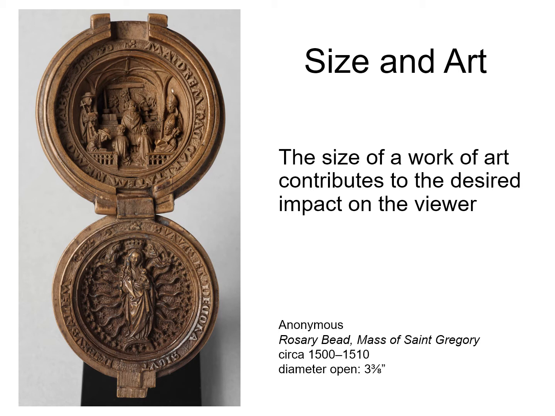This is a rosary bead that when opened has two sculptures inside and text. The point to making it so small is that it requires such intense vision on the part of the viewer that it contributes to the sensation of locking out the rest of the world and concentration just onto the meditative objects, which has to do with elements related to the Mass of St. Gregory in Christianity.